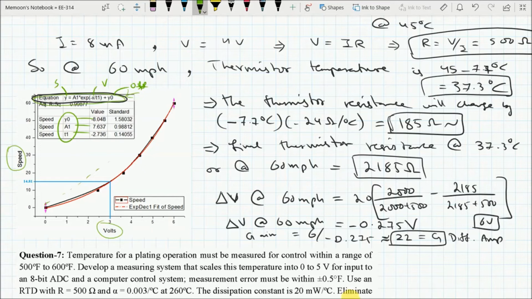The linear approximation would have been like this if we just simply connect these two points. And this is y is equal to mx plus c. And you can see that this portion that has been shaded in blue is all error if we use a linear approximation. But if we use an exponential approximation, this black one is your actual curve, and this red one is the exponential fit of this equation.